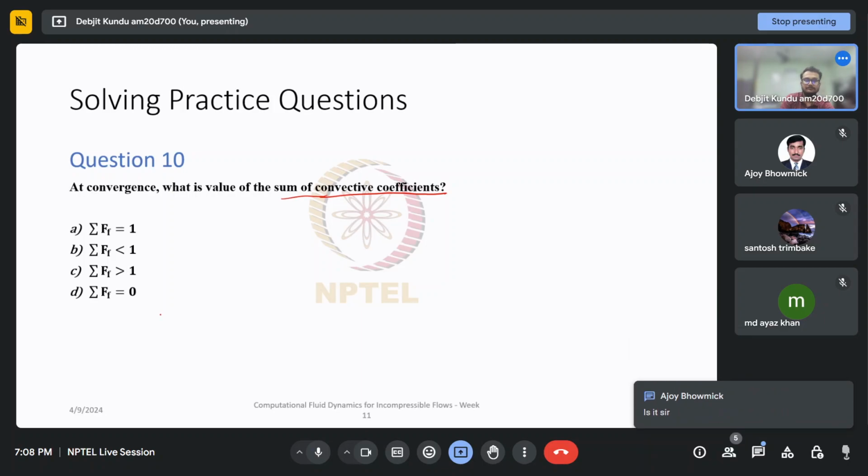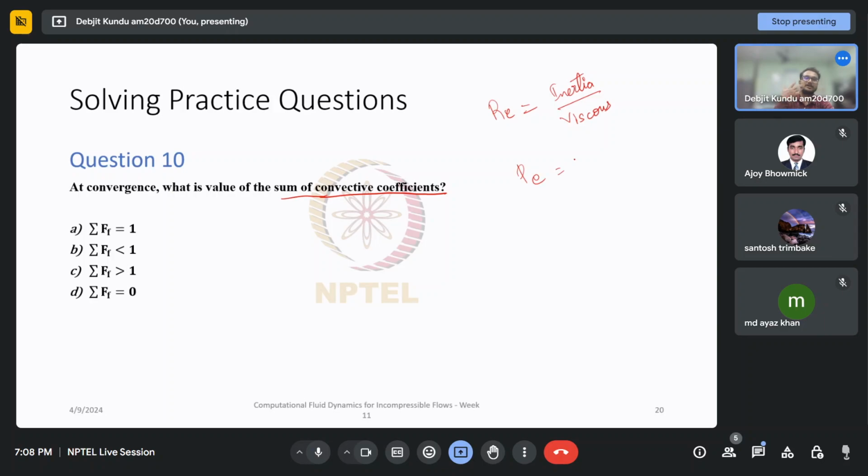No, not really. Not Reynolds number, no. So Reynolds number is basically the ratio of the inertia force to the viscous force. And Peclet number in general means transport through convection by diffusion. And in case of cell Peclet number, it means within the cell how much is being convected, to the ratio of how much is being diffused.